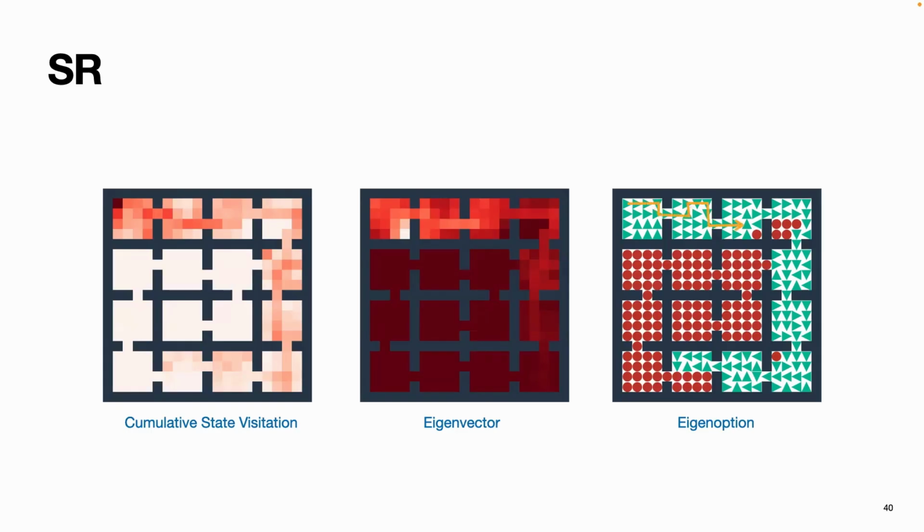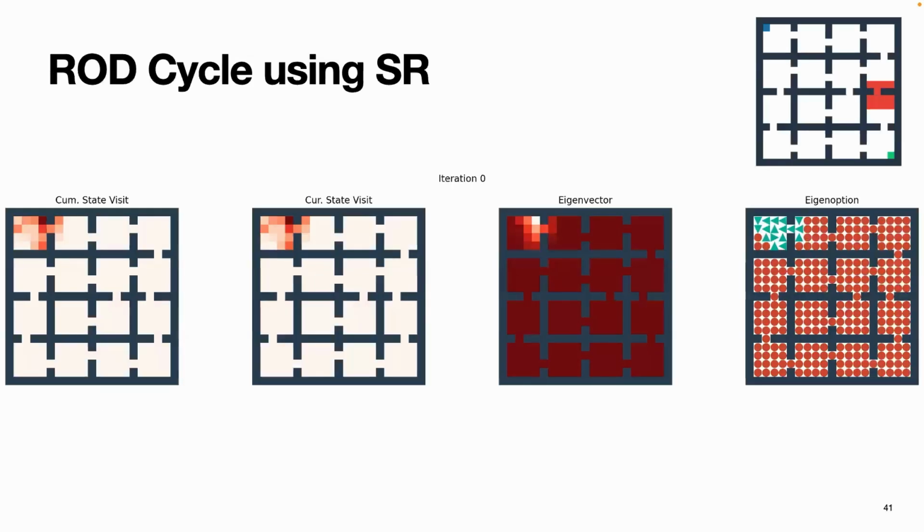If we draw an arrow from there, we can see that the eigenoption, as expected, is taking us to an area of the state space that is less explored. So this is the successor representation, like a snapshot of the ROD cycle. And now we're going to visualize the full cycle. We're going to use the environment on the top right. The agent starts in the blue and tries to go to the green. And there's a low reward region.